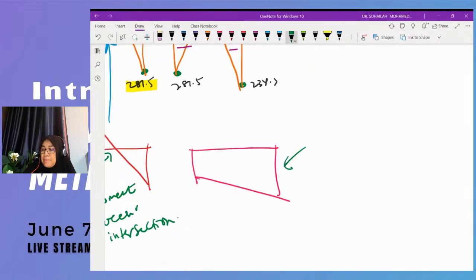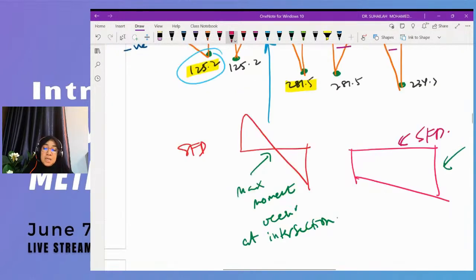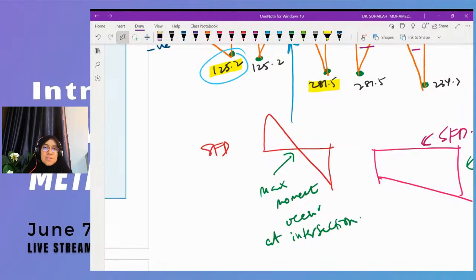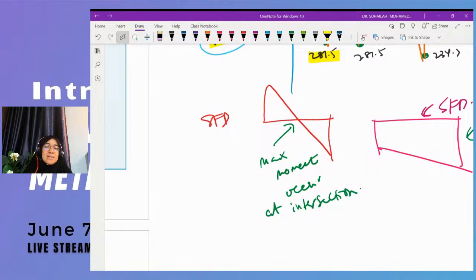Trapezium means no maximum moment in the BMD. This is the shear force diagram, but trapezium means no maximum moment in the BMD. Intersection in the shear force diagram means there is maximum moment. So where is the maximum moment? At the intersection.